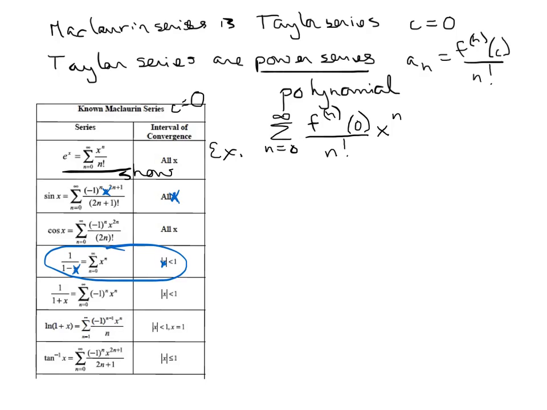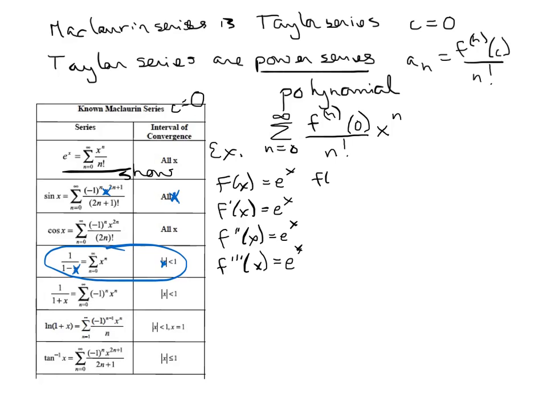Okay, so we need a bunch of derivatives. Our function is e to the x. If we take a derivative of e to the x, we get e to the x. If we take a second derivative of e to the x, we get e to the x. And if we take a third derivative of e to the x, we get e to the x. So now let's plug in c. c was equal to 0.